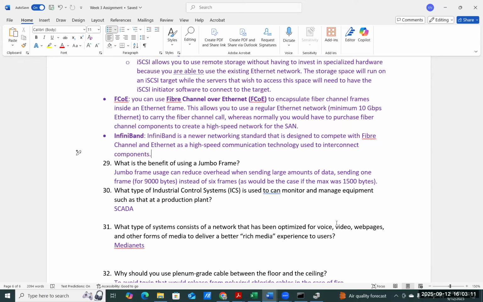So when you're sending, a jumbo frame allows you to send a larger byte size compared to normal frames. So sending one frame of 9,000 bytes instead of 6 frames, right? It's able to chunk it up larger, because a frame really contains your data and header. In the normal case, the maximum can go up to 1,500 bytes.